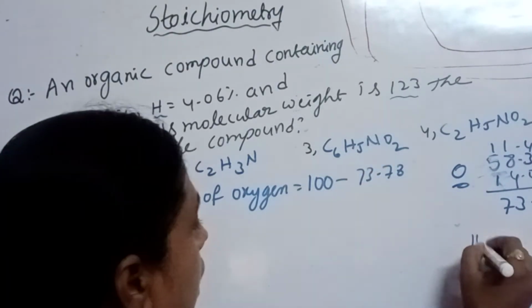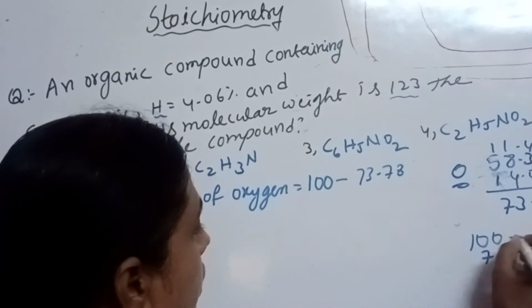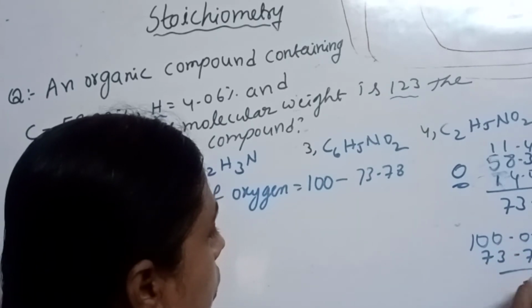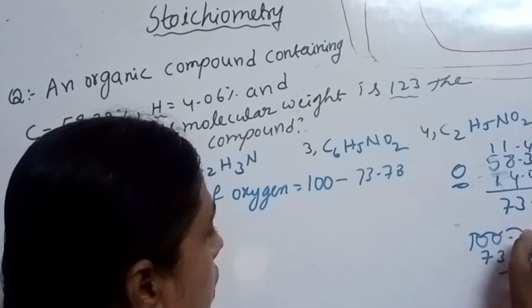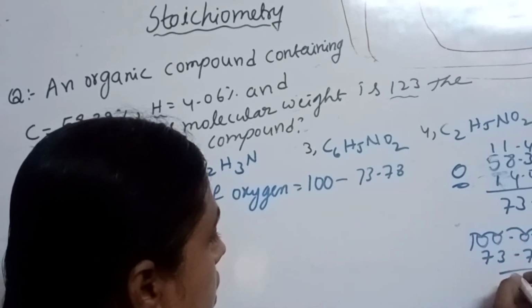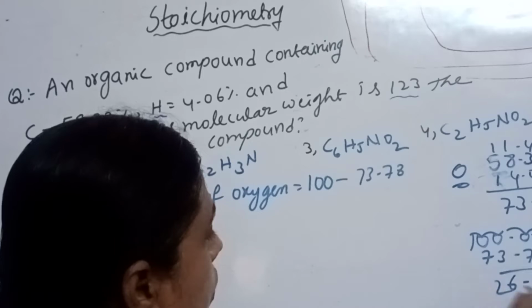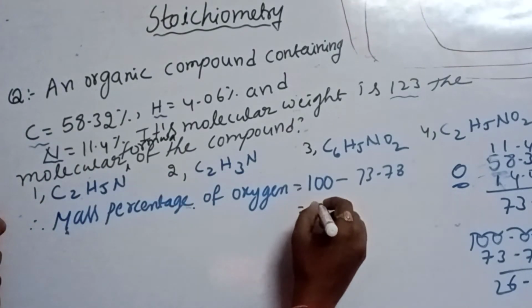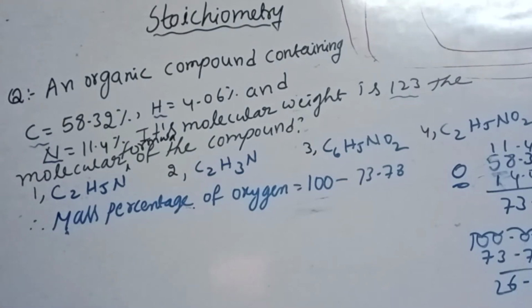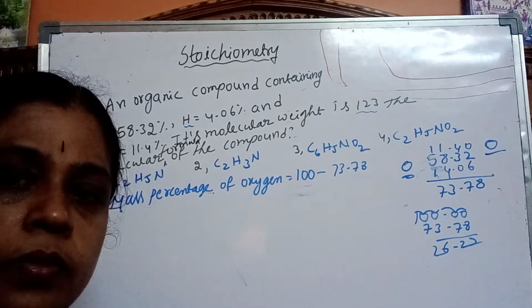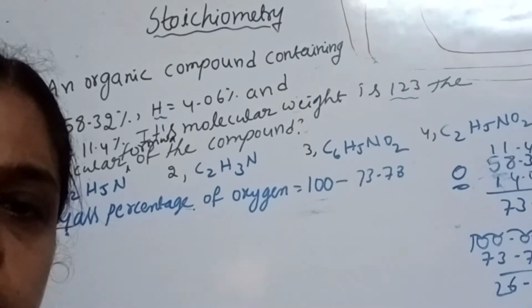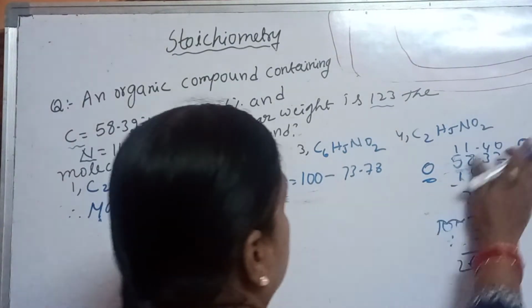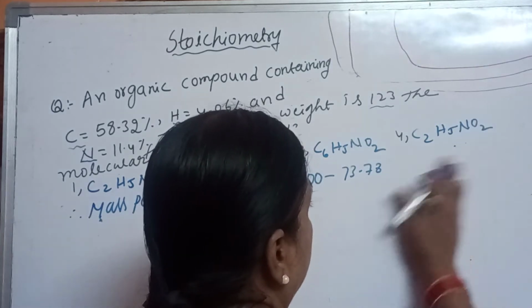So how much do we get here? 100 minus 73.78 gives 26.22 percent.